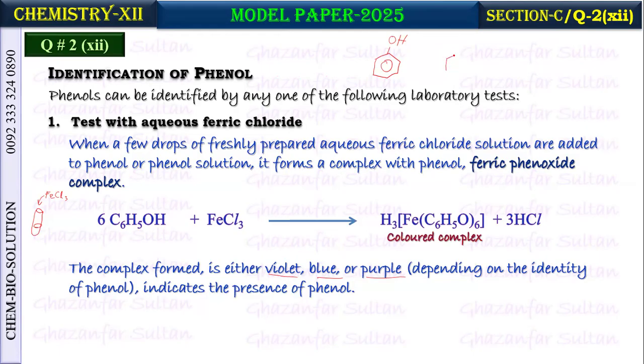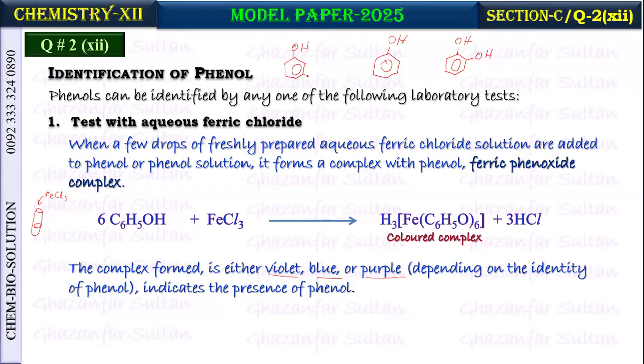If any aromatic compound has OH, for example, if OH is on two adjacent positions in the benzene ring, this is called catechol. It gives a different color, and phenol gives a different color. This is monohydric, this is dihydric, and another dihydric phenol is this.